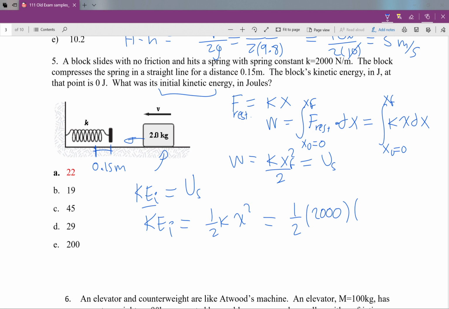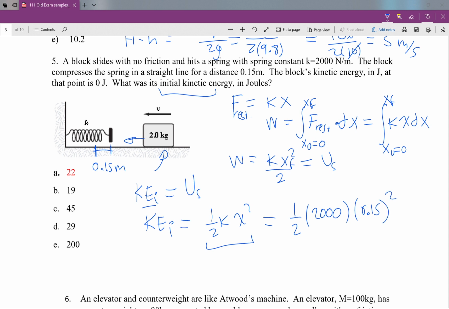On the test, if you want to do a unit analysis, that's good, because sometimes you might make a mistake and not realize what is going on. So writing down the units is probably useful. But because the questions are generally straightforward, it's recommended that you just put in the values. These equations are pretty simple, so you don't really need unit analysis. So this is 1/2 times 2,000 times 0.15 squared.